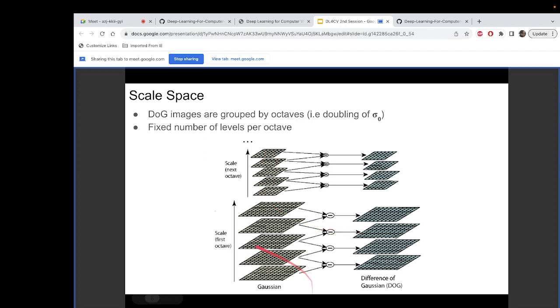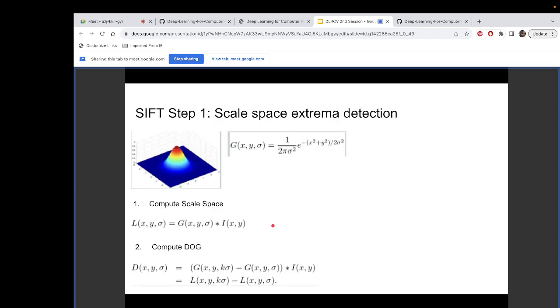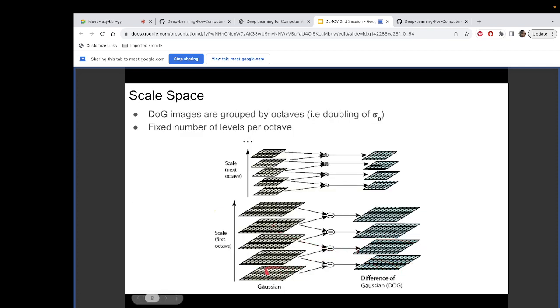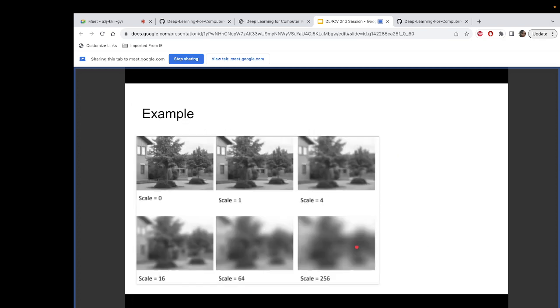These are all Gaussians at different sigma values. Suppose this is sigma 0, this is k sigma 0, k square, k cube and so on. Now you compute the difference of Gaussians with respect to each of these pairs.